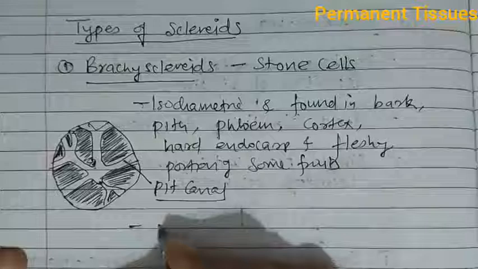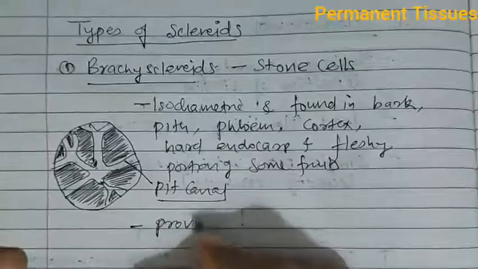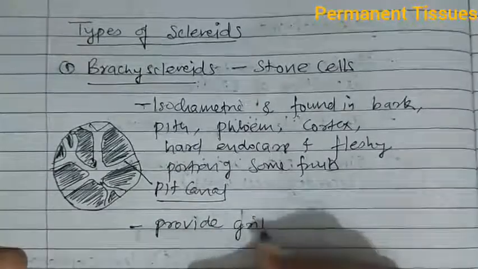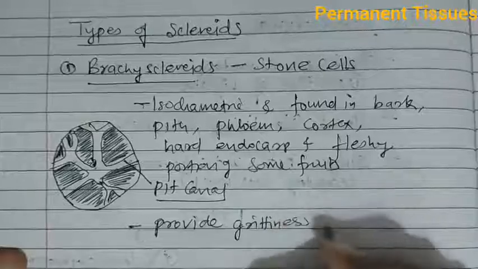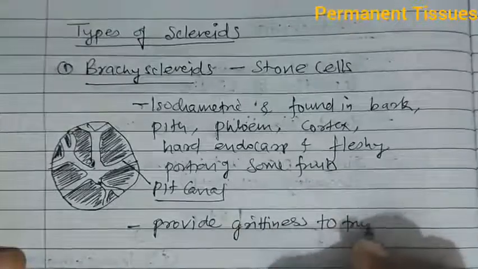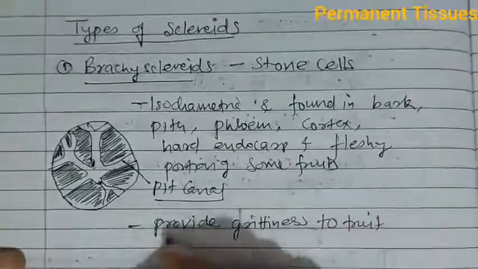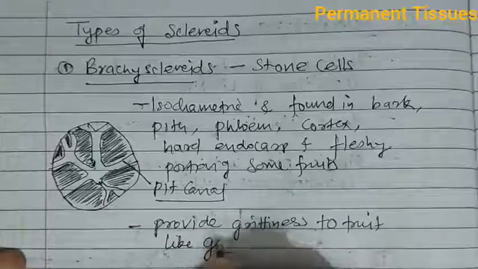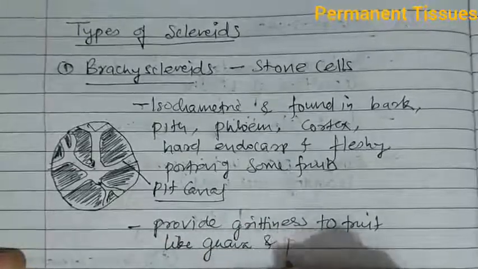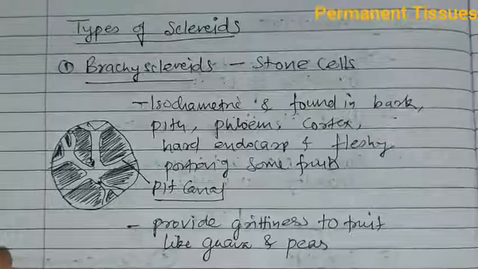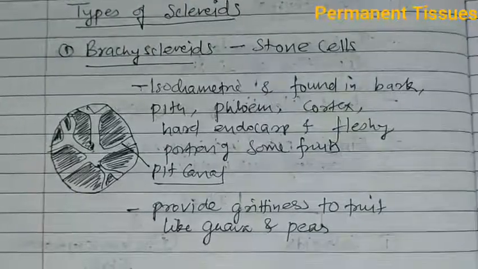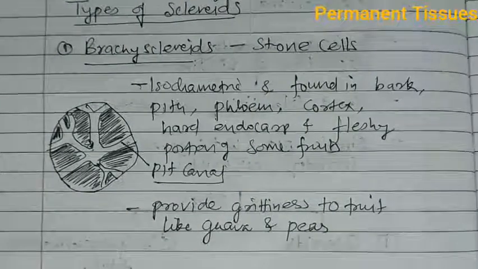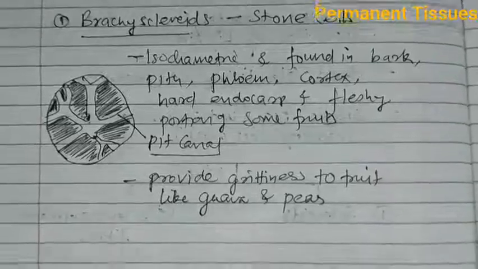They provide grittiness to fruit like guava and pear. So this is the first type, brachysclereid stone cells, and they are hard.